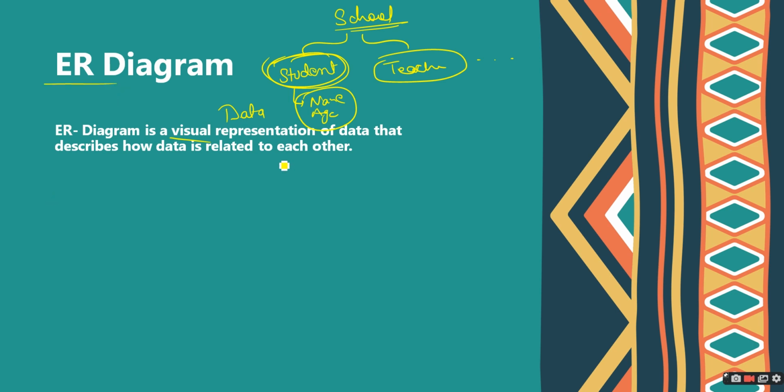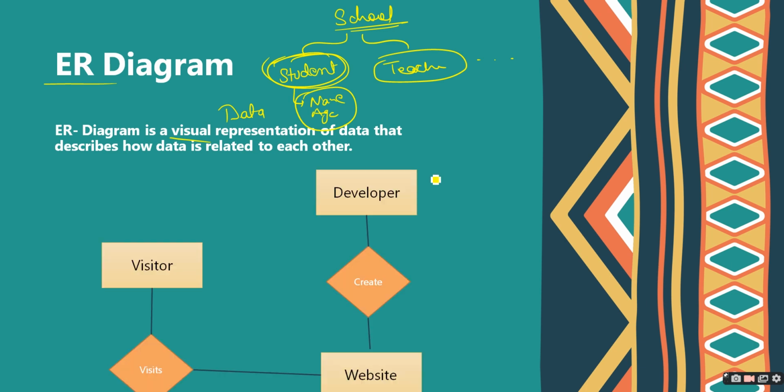So let's take an example of an ER diagram. This has a rectangle symbol, and this is a diagonal one. So what is this? This basic ER diagram shows that a developer creates a website, and what does the visitor do? The visitor visits our website. So this is a very basic ER diagram.